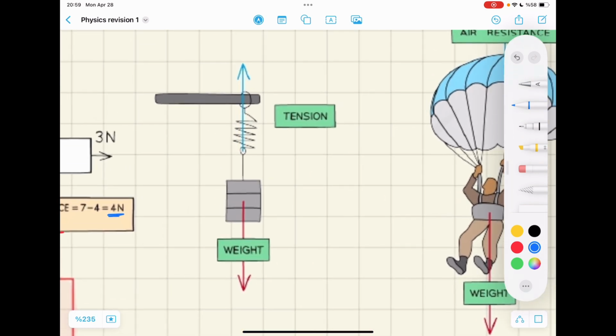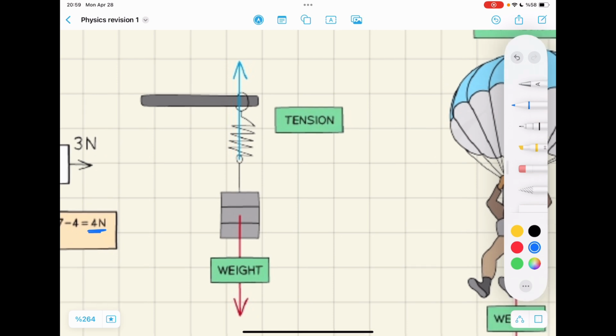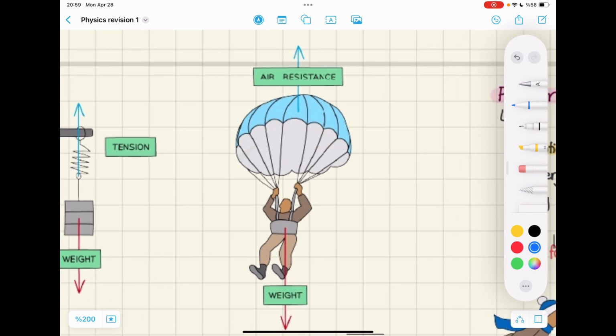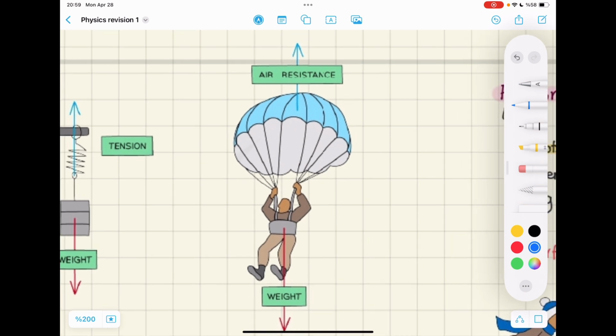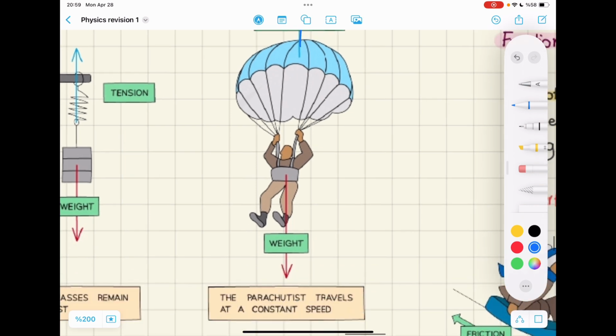We have tension. Here, you see weight has a direction downwards because gravitational force is always an attractive force, and tension is opposite because tension is an elastic force. Air resistance, of course, acts upwards, whereas weight acts downwards.